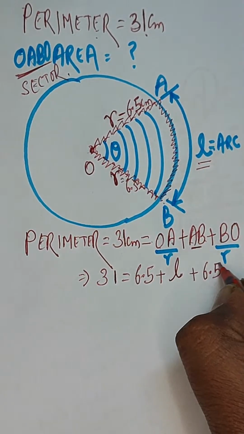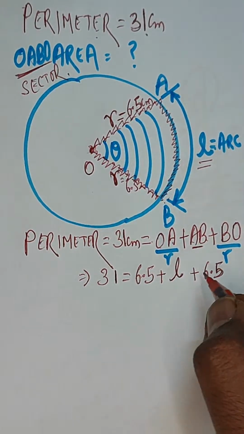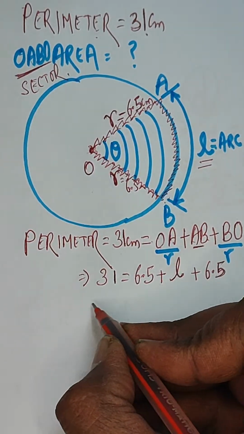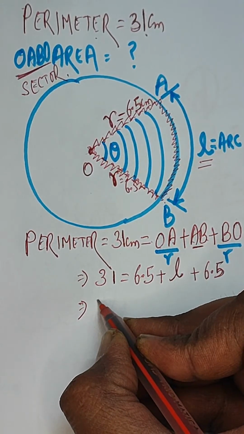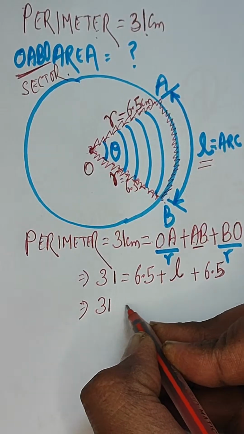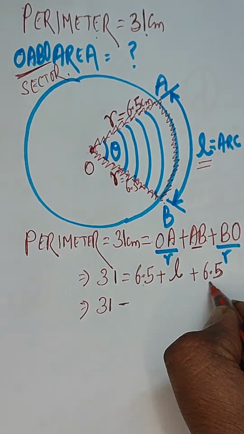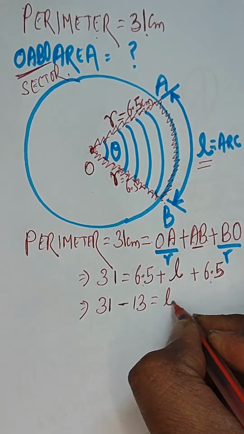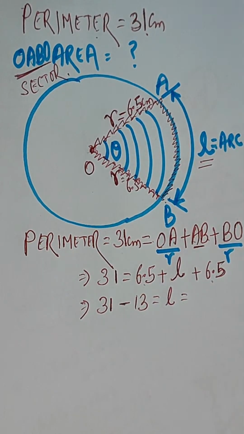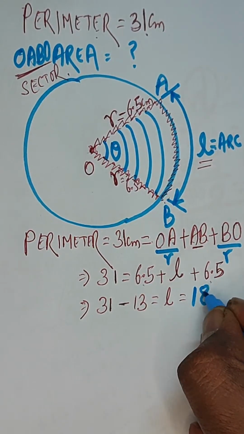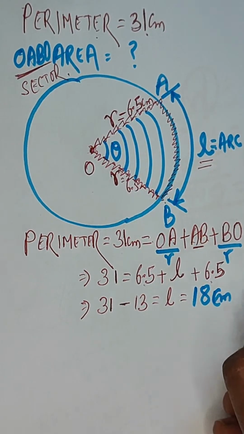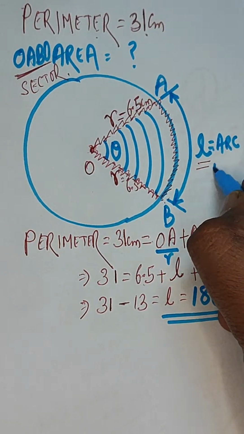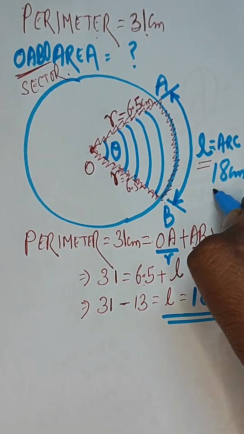Now you can see it is a simple equation in one variable where L is the variable. So the value of L is calculated as 31 minus 6.5 plus 6.5, that is 31 minus 13, which gives L equal to 18 cm. So we have calculated the length of arc as 18 cm, right?